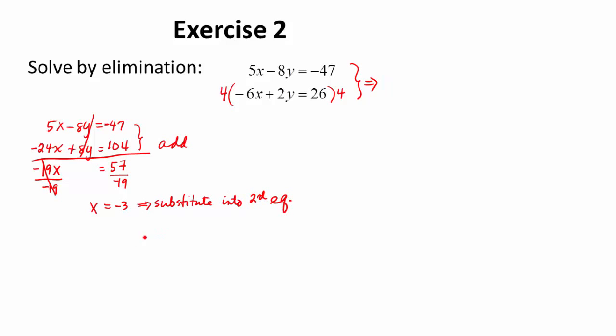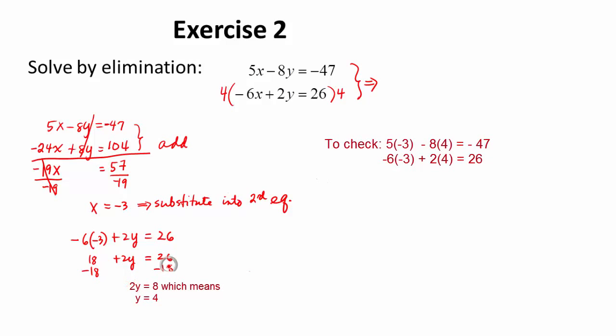You're going to have negative 6 times negative 3 plus 2y is equal to 26. So what does that give us? That gives us 18 plus 2y is equal to 26. And once we subtract 18 from both sides, we get 2y is equal to 8, which means that y is equal to 4.